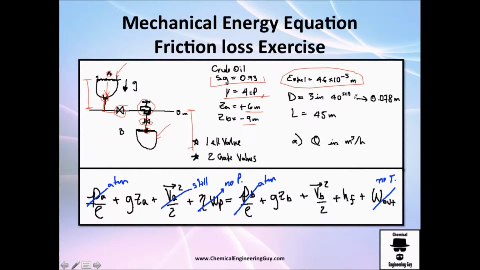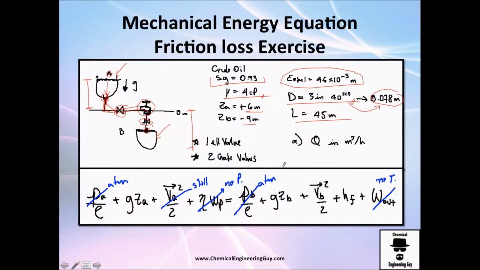The diameter is the same through all the pipe, 3 inches, schedule number 40. I already took the precaution to calculate it in meters, it's right here. And the total length of the pipe is about 45 meters. We have 2 gate valves, and we have 1 L valve right here.